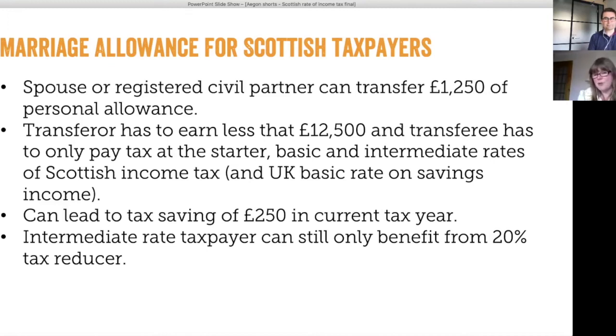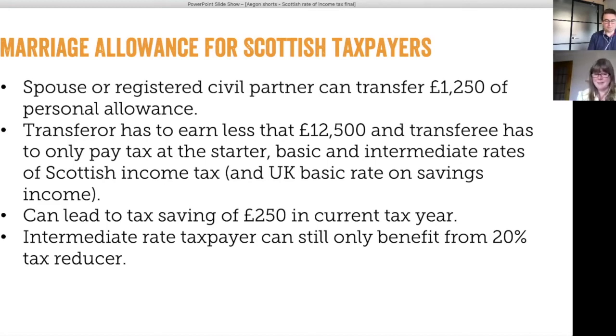And they have to be a UK basic rate taxpayer in relation to the savings income. I know it becomes quite complicated when you're looking at these different nuances, but it can still lead to a tax saving of £250 in the current tax year for Scottish taxpayers.